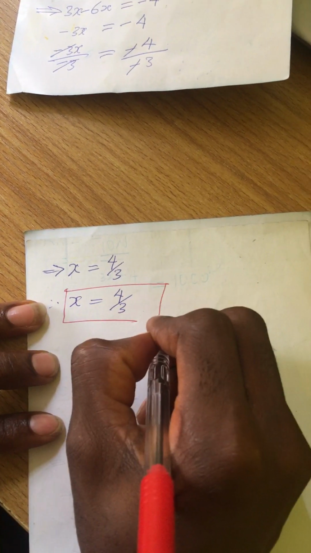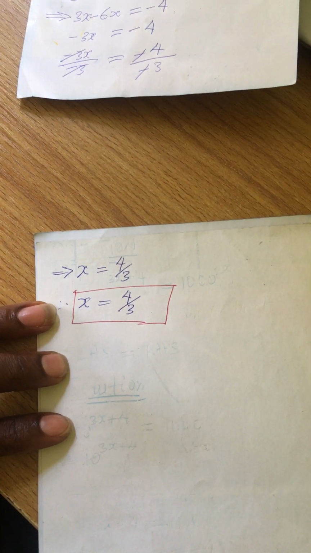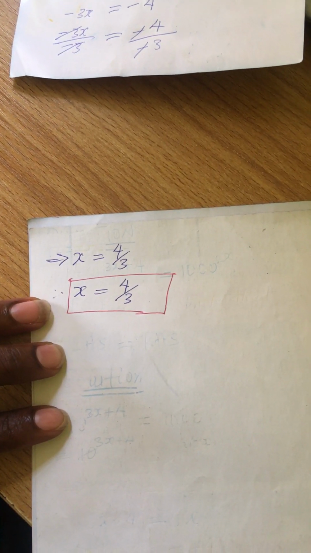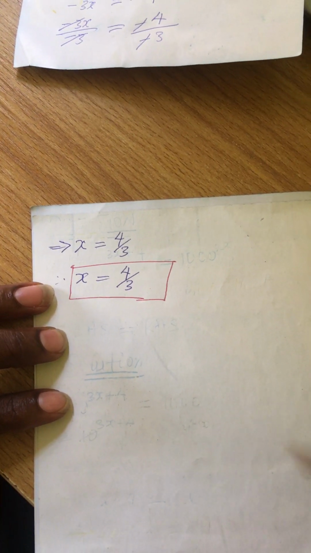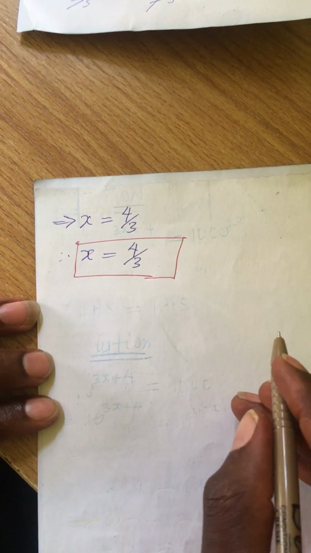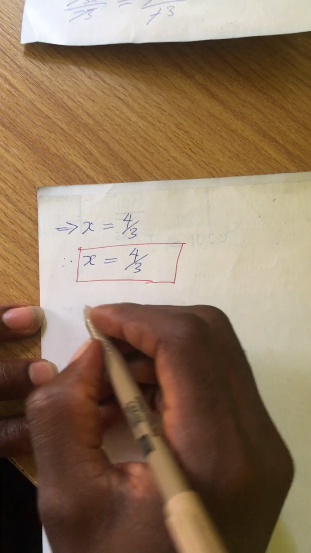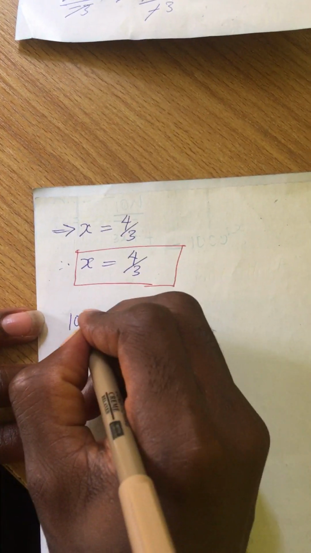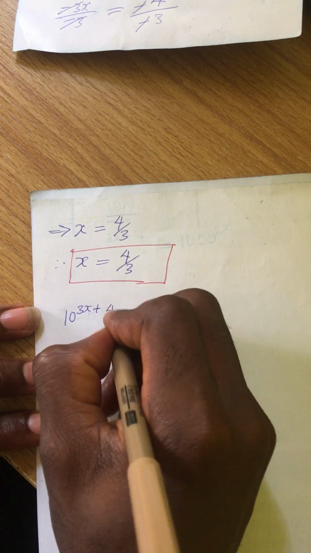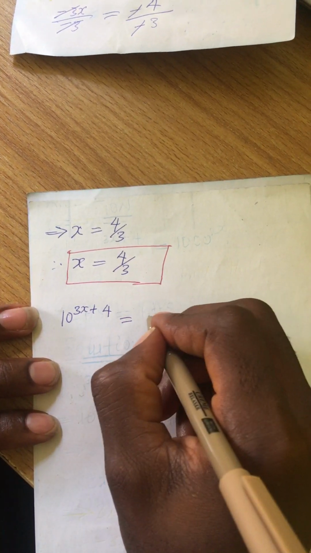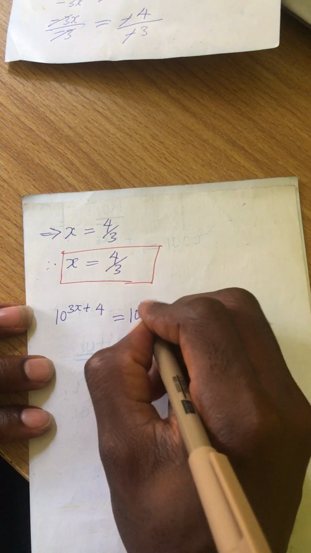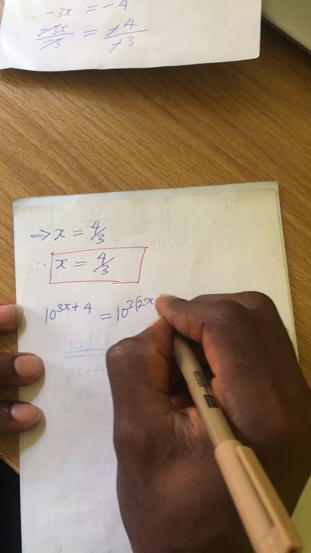But remember, that's not all. We were asked to prove that the left-hand side is equal to the right-hand side. So in order for us to prove that, we're going to be plugging in the value of x into the main equation. So the main equation says that 10 power 3x plus 4 is equal to, remember we said instead of using 1000, we use 10 raised to the power 3 bracket 2x.